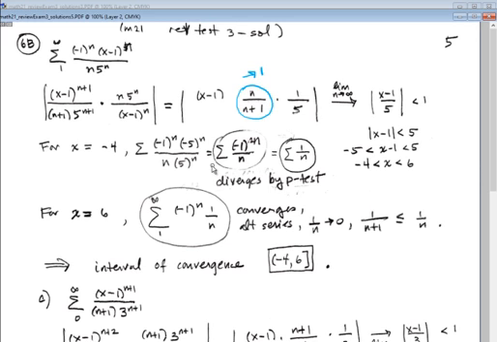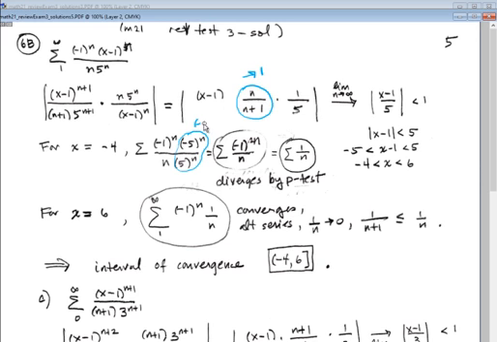And now we have to check the endpoints. So let's see what happens at minus 4. Okay, when you substitute in minus 4 minus 1, you get minus 5. So minus 5 to the n over 5 to the n, that's minus 1 to the n, and here we also have another minus 1 to the n. Similar to what we had in that previous problem.